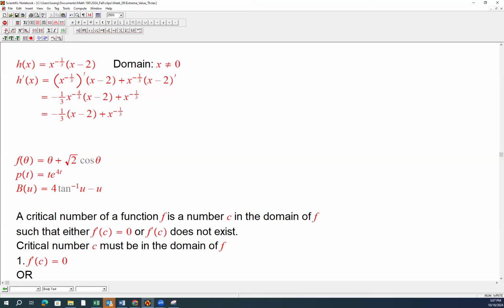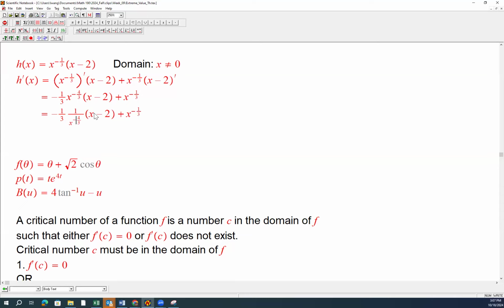We're going to write this as 1 over x raised to the power of positive 4/3, and this piece as 1 over x raised to the power of positive 1/3. Then it's a matter of finding a common denominator.